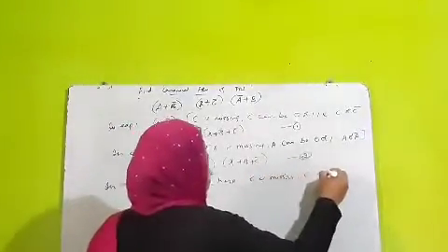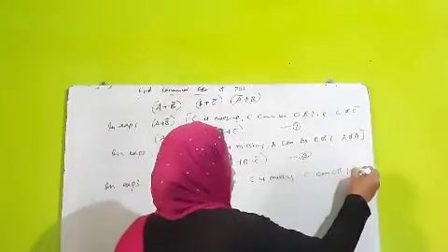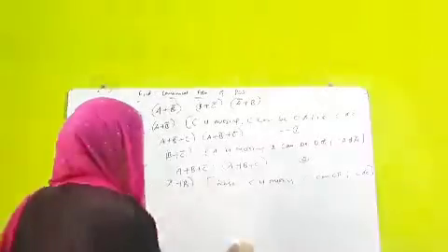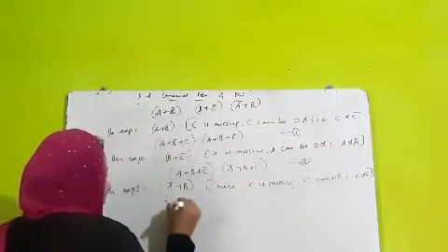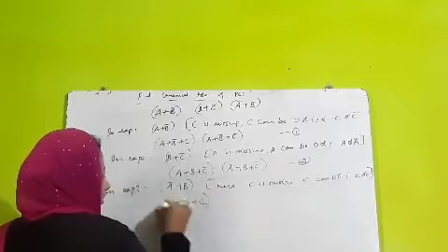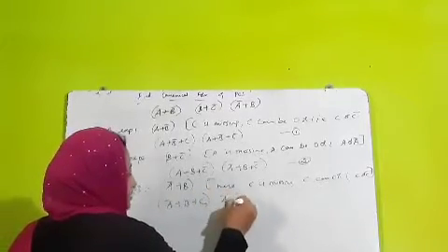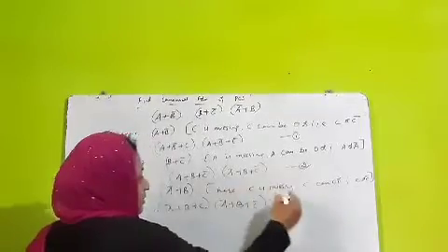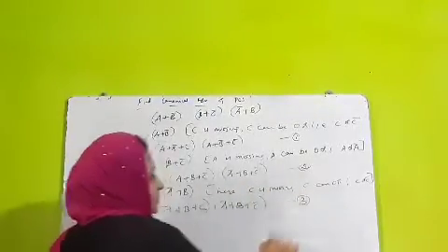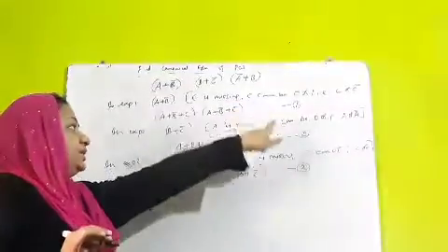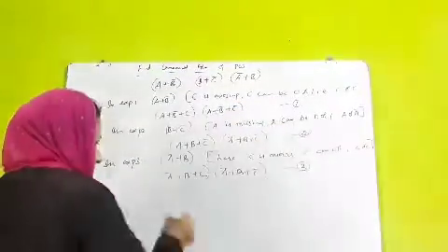C can be 0 or 1, that is C or C bar. So it will be A bar plus B plus C and A bar plus B plus C bar. That is expression 3.